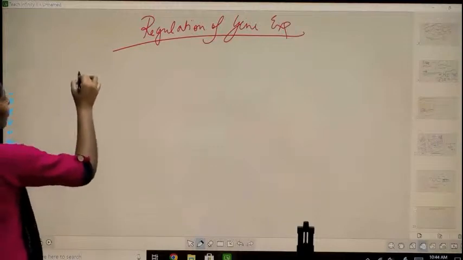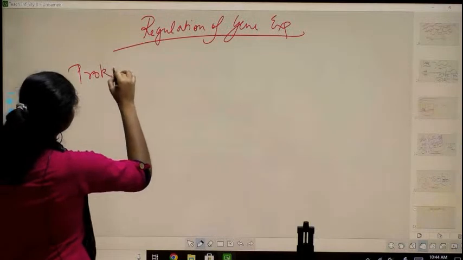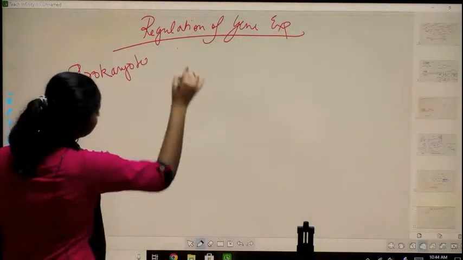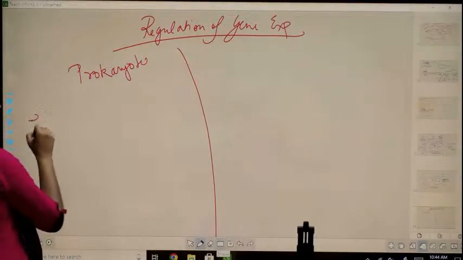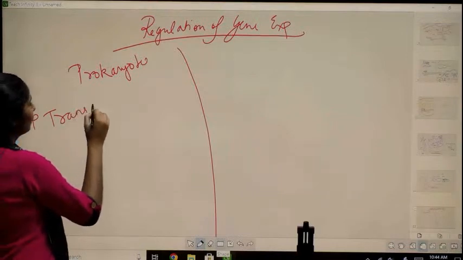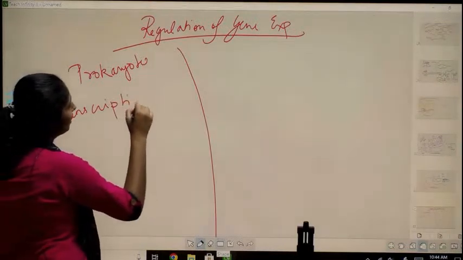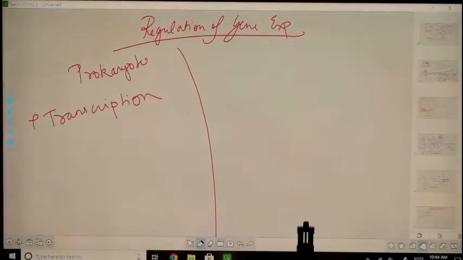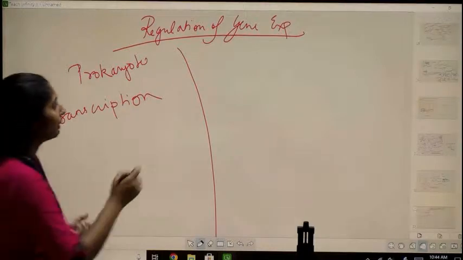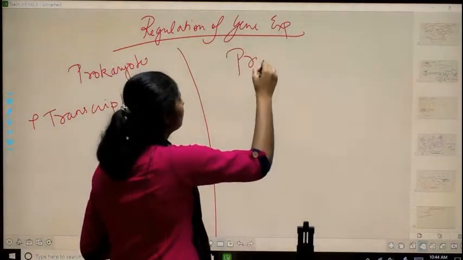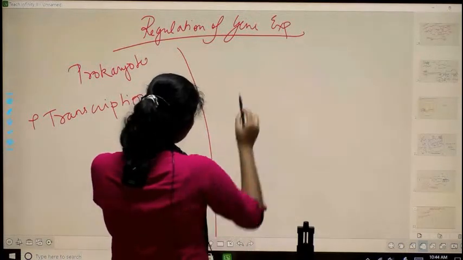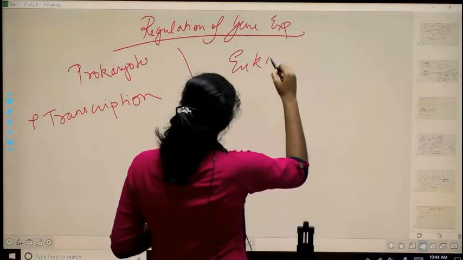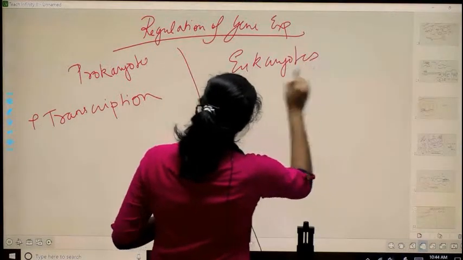In case of prokaryotes, because in them the process of translation and transcription both are coupled, so much of the regulation happens at the transcription level. But in case of eukaryotes, there are various levels at which regulation can be done.